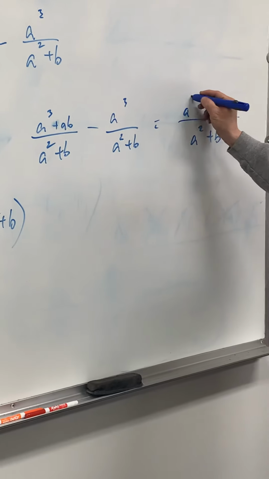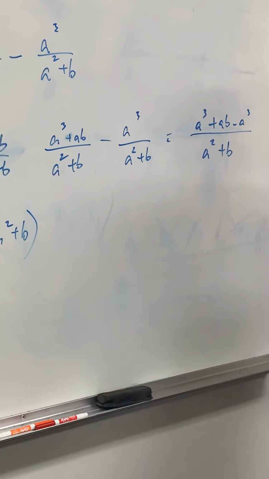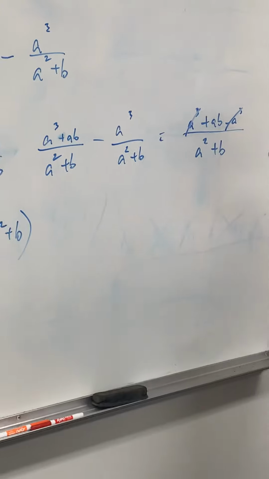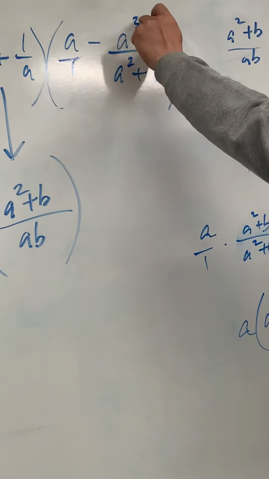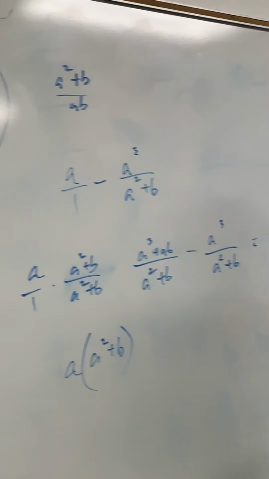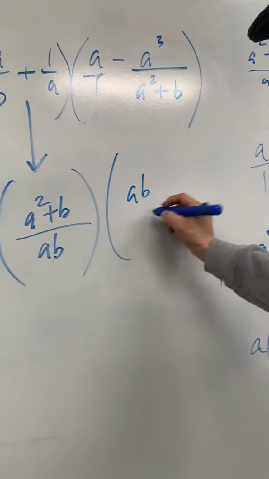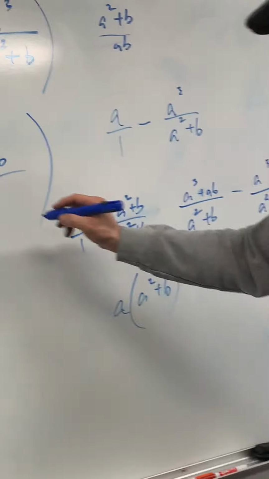So we get A cubed plus AB minus A cubed. Now what happens to our A cubes here? Yep, they cancel out. So what happens when I take A minus A cubed over A squared plus B? I get AB over A squared plus B.